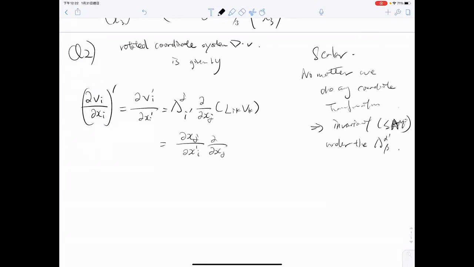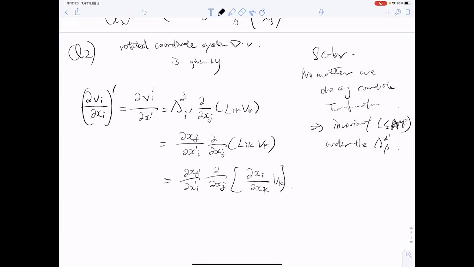We just do some massaging, because we can write the form as V_K. This is the i, this is the K.